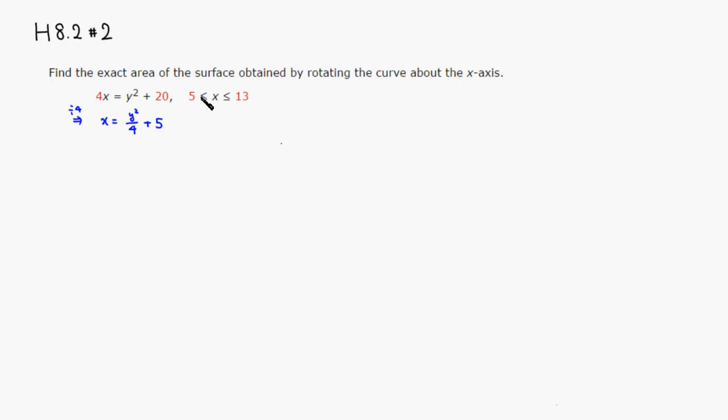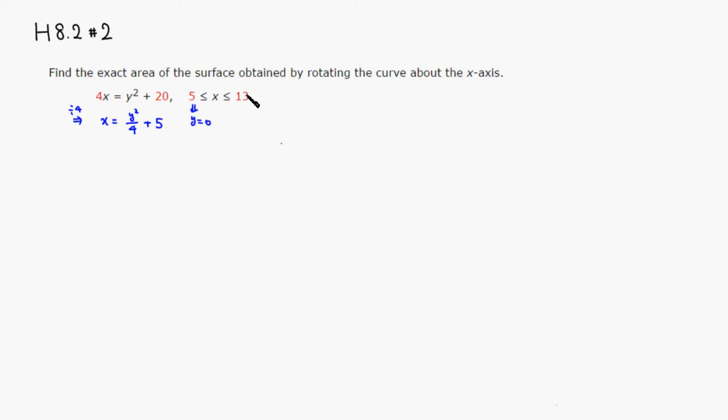So I want to see the corresponding y values. If x equals 5, plug it in. You have 20 equals y squared plus 20, the 20s cancel out, so y equals 0. So this corresponds to y equals 0.